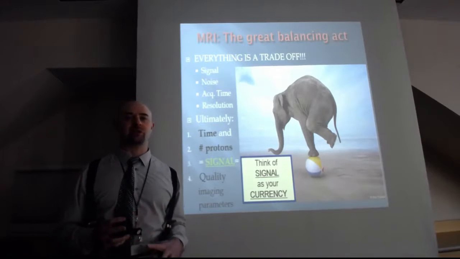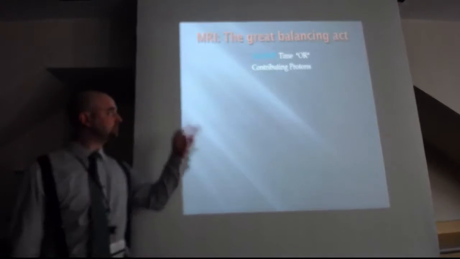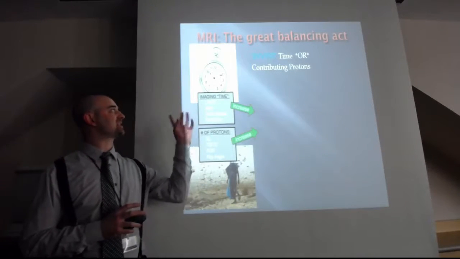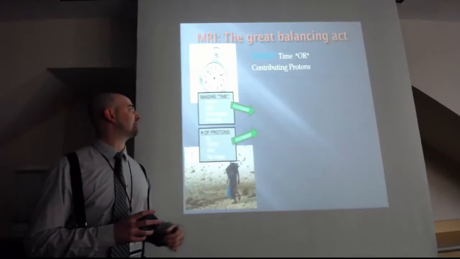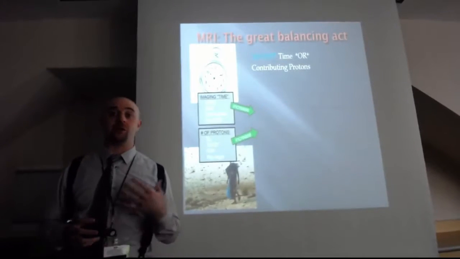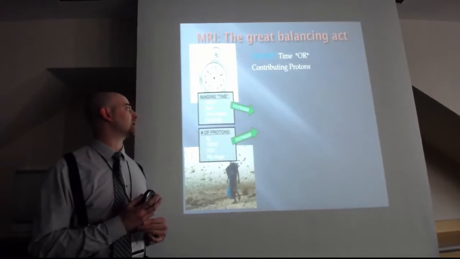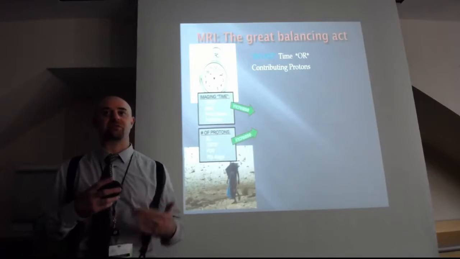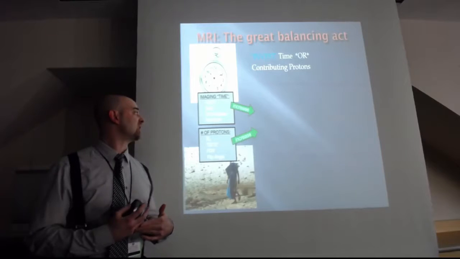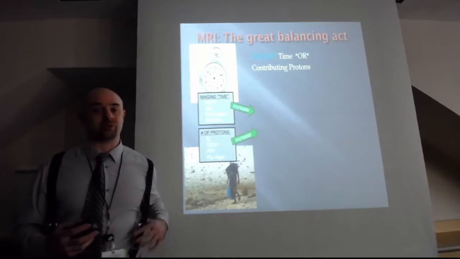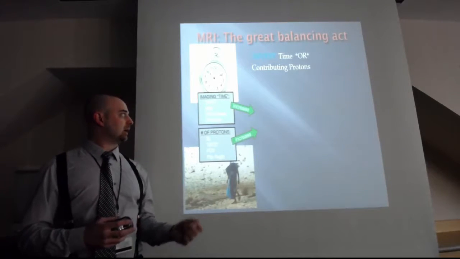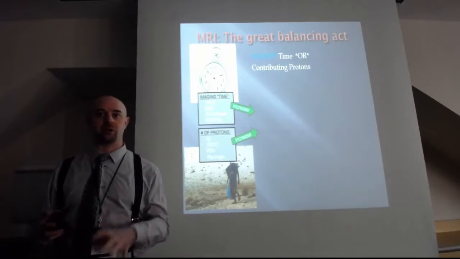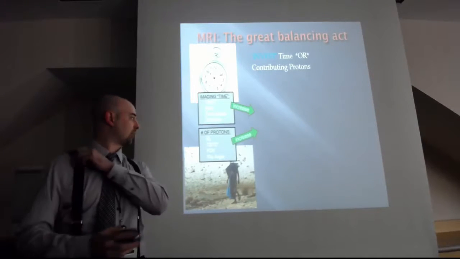So you can think of your signal as currency, and I like to think of it in terms of basically you either invest imaging time, which comes in many forms: TR, T1, the number of experiments you're producing to get signal averages, whether or not you do a full k-space versus partial Fourier acquisition, whether or not you're imaging your full echo or not, or you can invest in terms of the number of protons that you're imaging with each MR experiment.